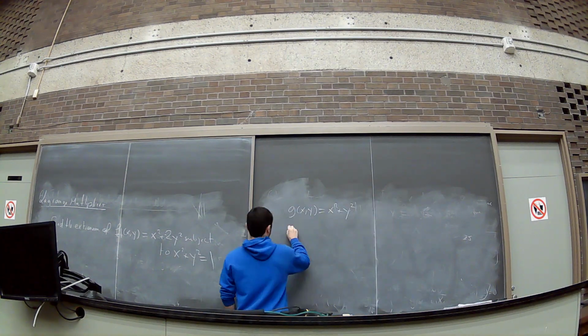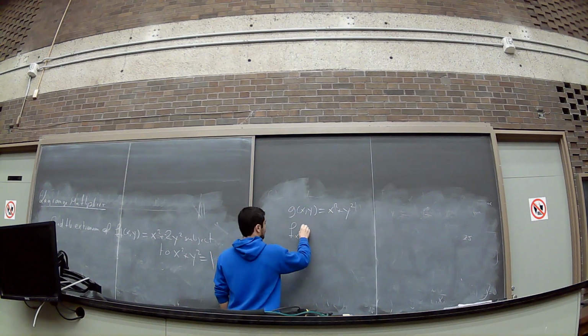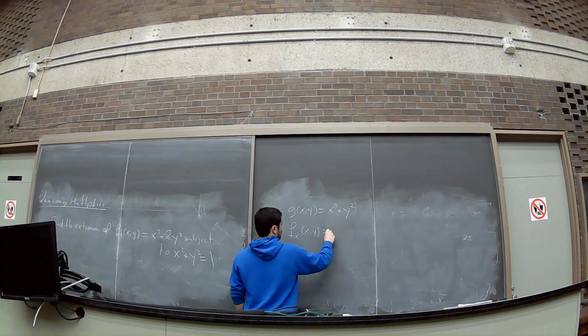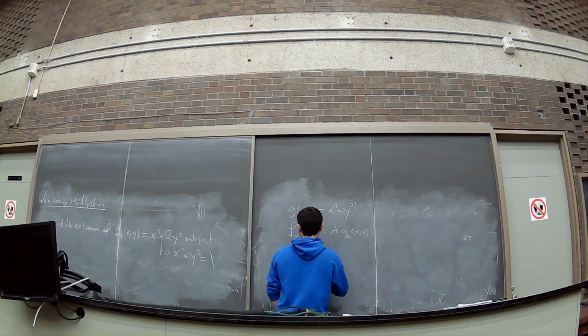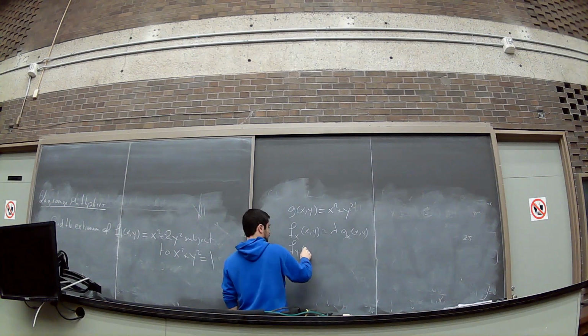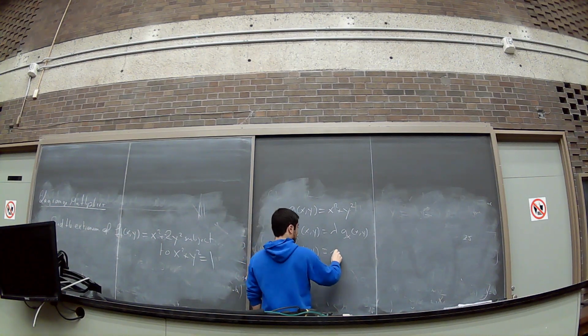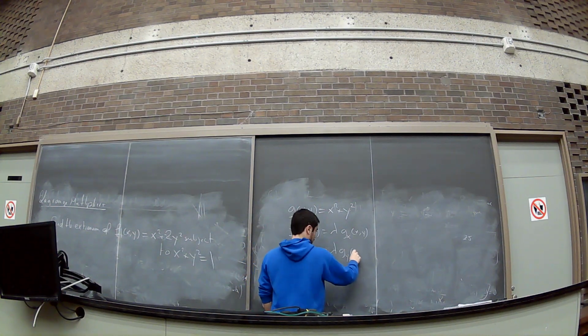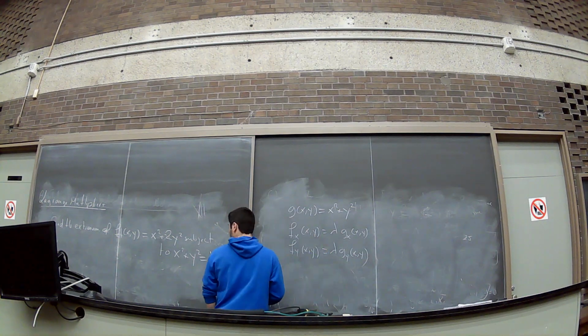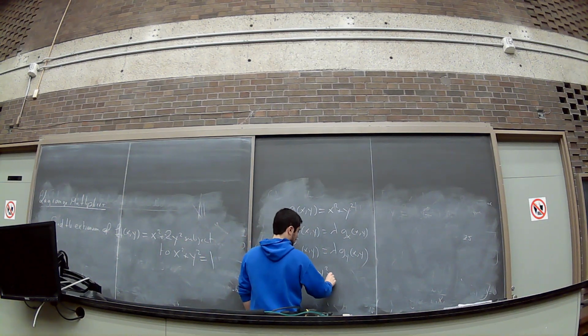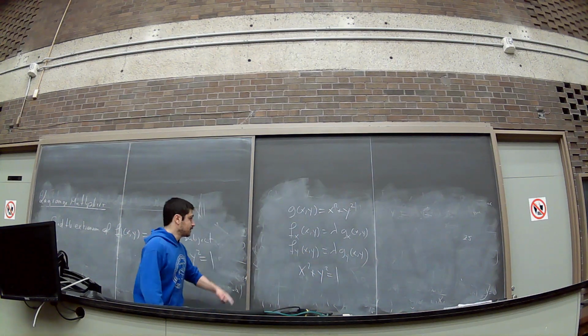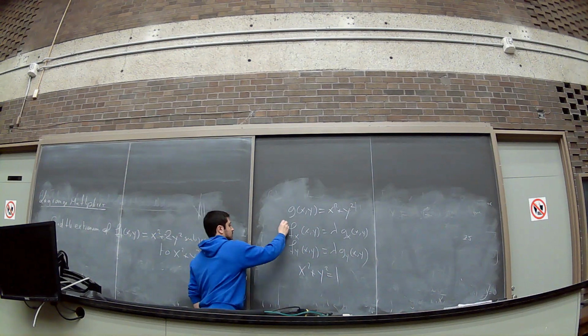Great, so what do I have to solve? fx(x, y) is lambda gx(x, y), fy(x, y) is lambda gy(x, y), and what as well? x squared plus y squared is equal to 1. I have to solve this system.